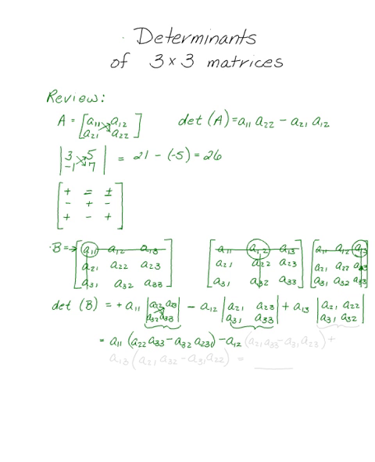So we'll have to find three smaller determinants in order to find the determinant of our bigger matrix.